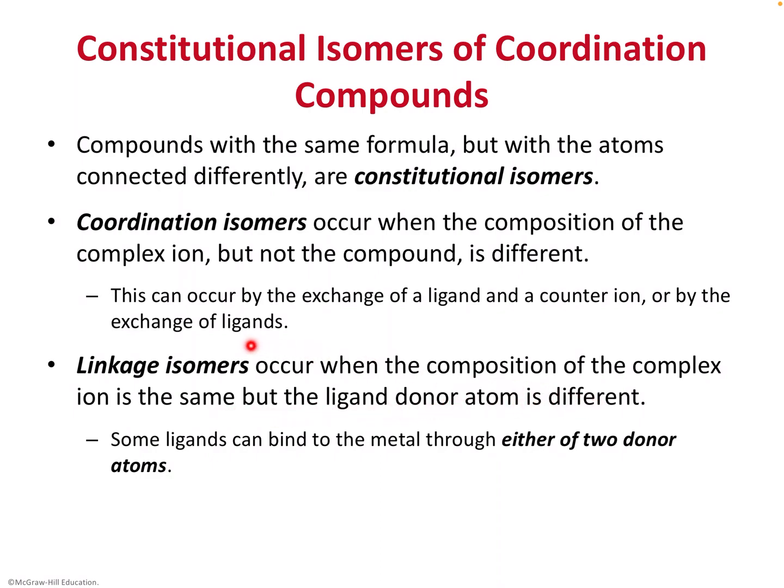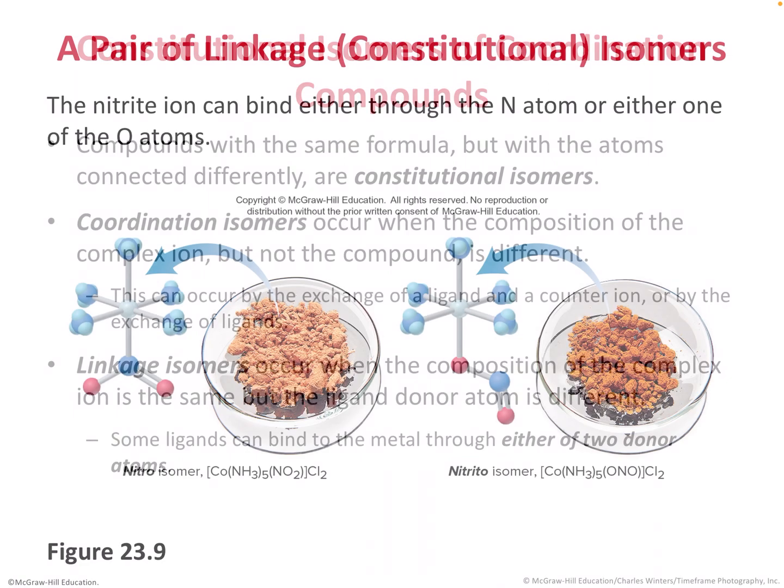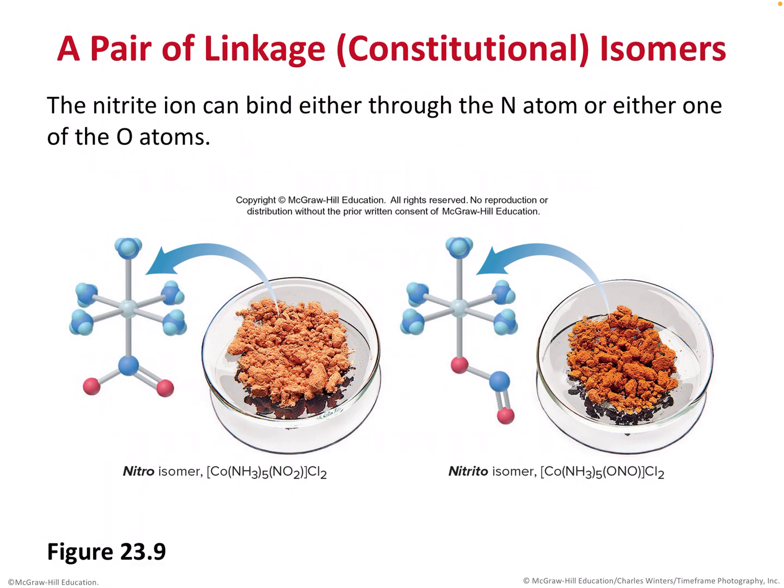Linkage isomers. I will show you an example. Some ligands can bind to the metal through either of 2 donor atoms. Here's an example of a pair of linkage or constitutional isomers.